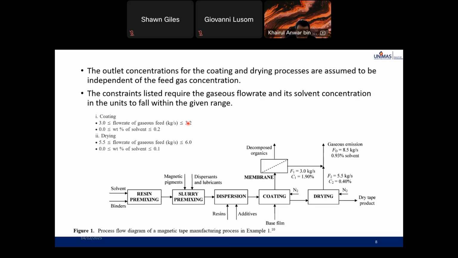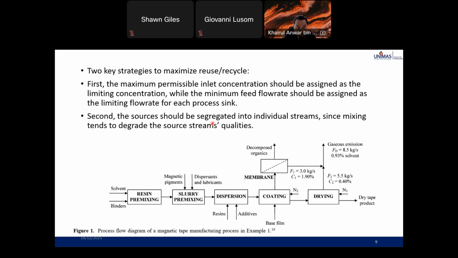The outlet conditions for the coating and drying process are assumed to be independent of the feed gas concentration. The constraints listed above require the gaseous flow rate and its solvent concentration at each unit to fall within the given range. So, two key strategies to maximize the reuse and recycle, since we want to reuse the gaseous emission.